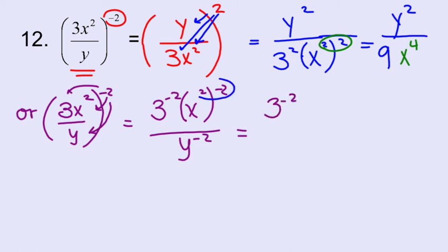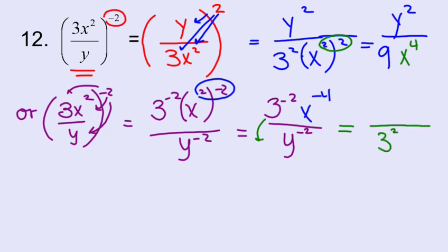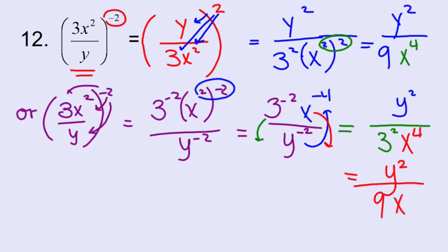This is a power to a power, so we multiply. And now notice all of the terms have a negative power, so we have to flip them. So 3 to the negative 2 comes down to a positive 2. This goes up as a positive y squared. And then this goes down as x to the 4th. Now we just clean it up. Y squared over 3 times 3 is 9, x to the 4th.